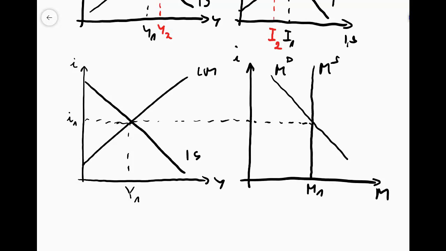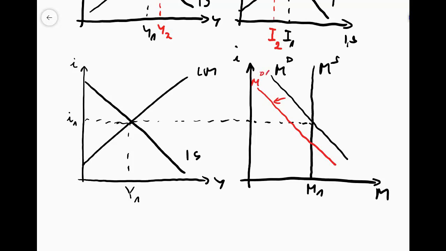Well, if you have a deflation, then the total value of goods and services that you need to use your money to make transactions with reduces. So you will have a lower demand for money, and the money demand shifts to the left, and we have a new lower money demand curve.